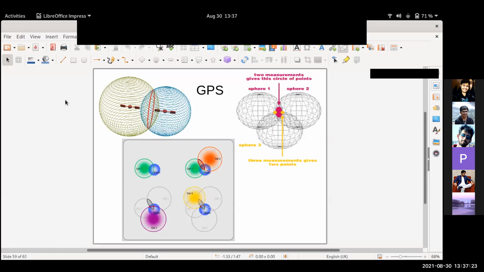Now one satellite is not enough to identify your location. There is an ambiguity around the sphere. What is usually done is you use one more measurement from another satellite. If you use two satellites, then your position will be known with respect to this red colored circle.